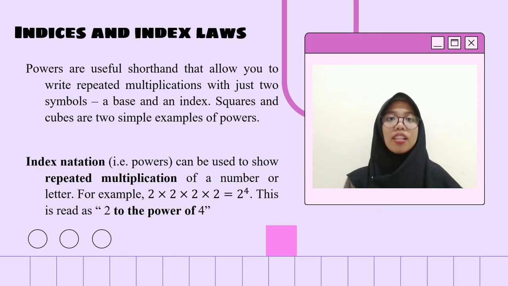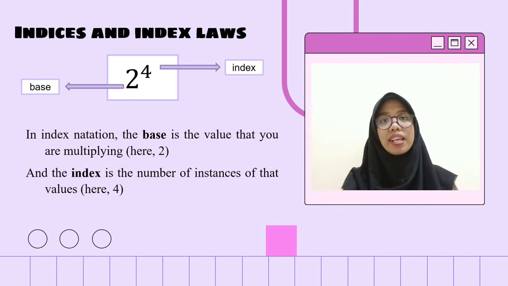For example, 2 times 2 times 2 times 2 equals 2 to the power of 4. This is read as 2 to the power of 4. Please look on the screen. There is the example about base and an index.